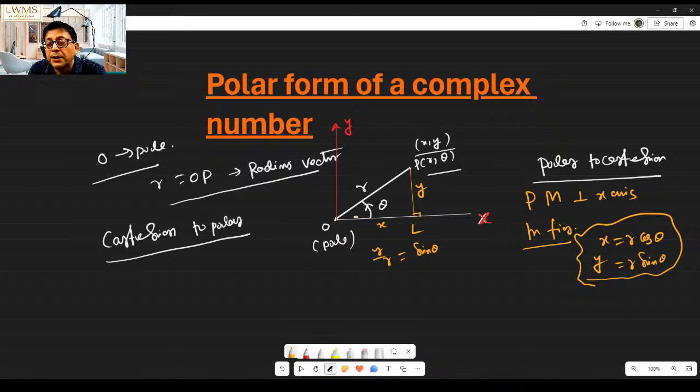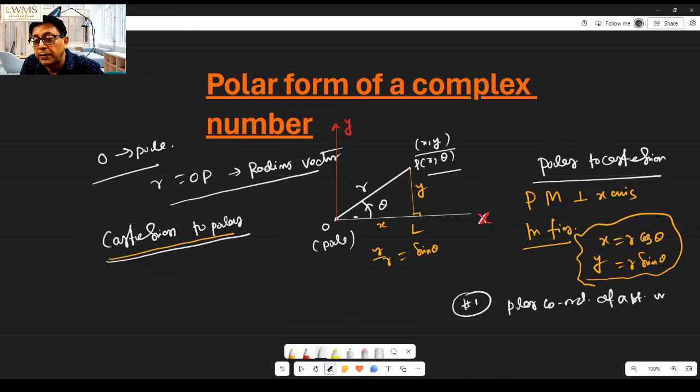Okay. If you want to convert Cartesian to polar, then what to do? If we have (r, theta) given as a polar coordinate, let us solve one example. The polar coordinate of a point B is (2, 60 degrees). Then its Cartesian coordinate will be what?